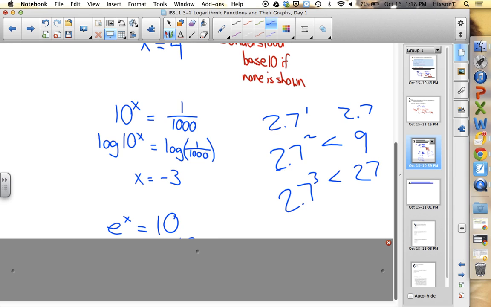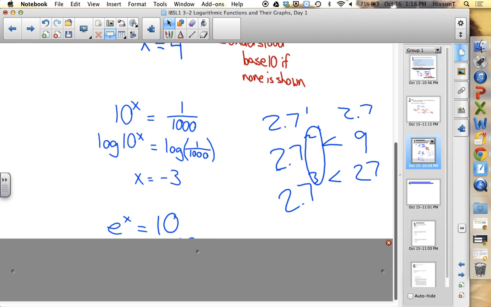Now, if this were like 12, we still wouldn't be real sure because 10 is real close to both of them. But 10 is really close to 9, and even though we know it's less than 9 and this is less than 27, we could probably guess that our answer is going to be somewhere between 2 and 3. Does that make sense? So we're thinking about the value.